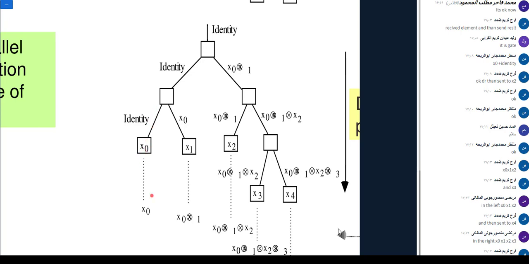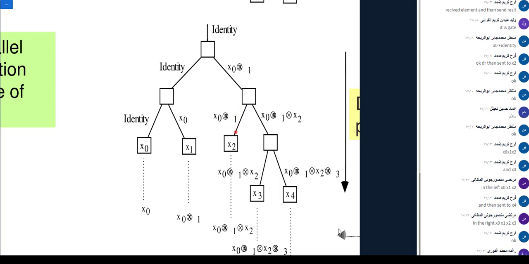Identity with x0, x0; x0 with x1, x0, x1; x0, x1 with x2, x0, x1, x2; x0, x1, x2 with x3, x0, x1, x2, x3; x0, x1, x2, x3 with x4, x0, x1, x2, x3, x4.